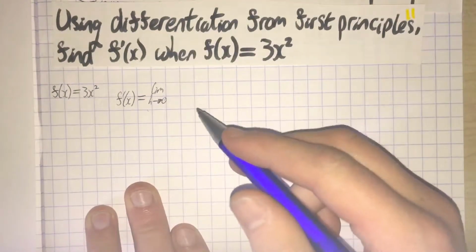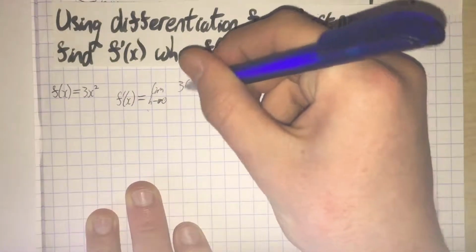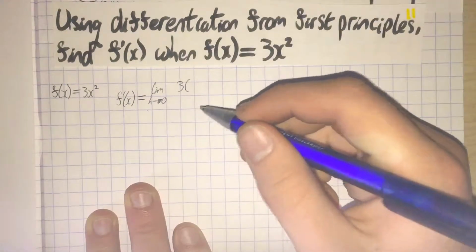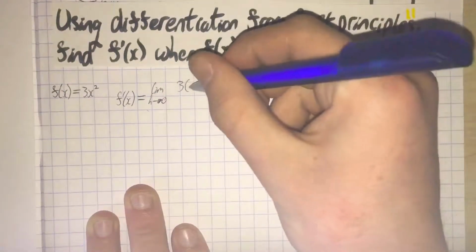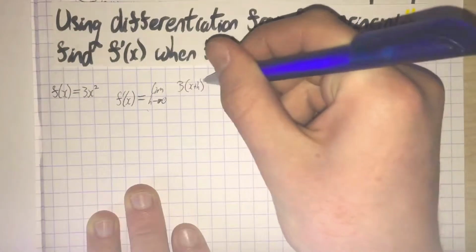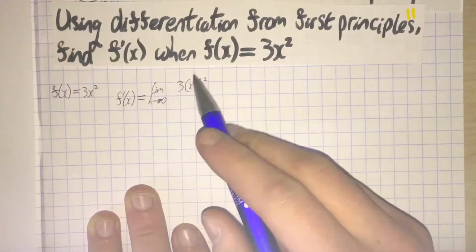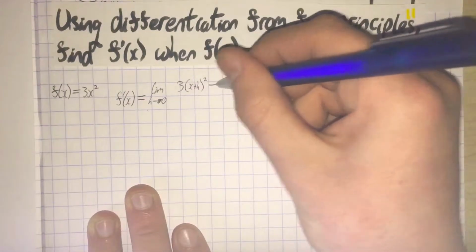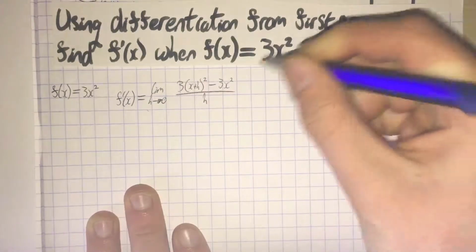You'll see why later. So we're going to have 3, substituting x plus h into our current equation, so wherever you see an x, x plus h all squared there. Make sure you don't mix anything up with that. Minus 3x squared over h.